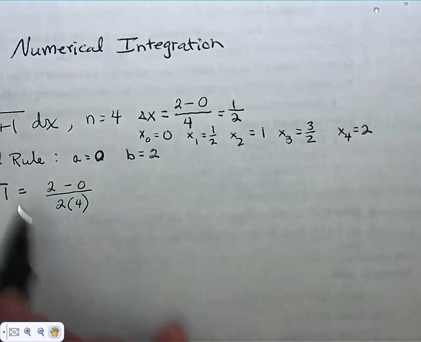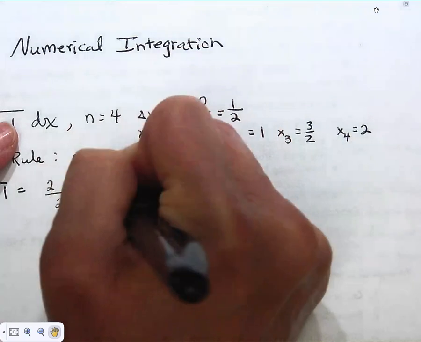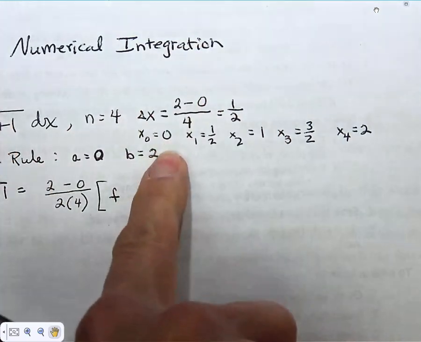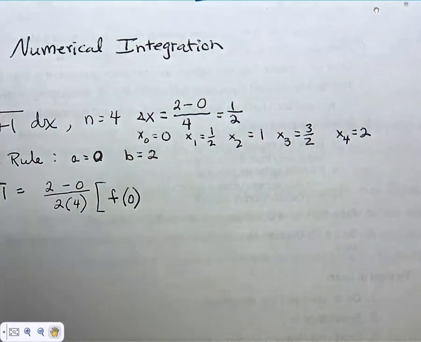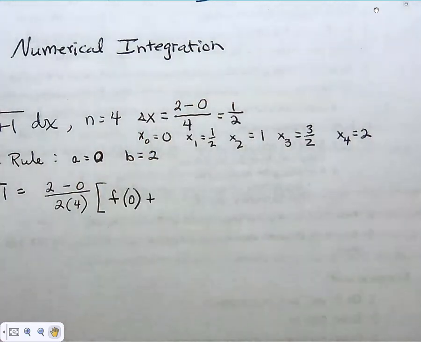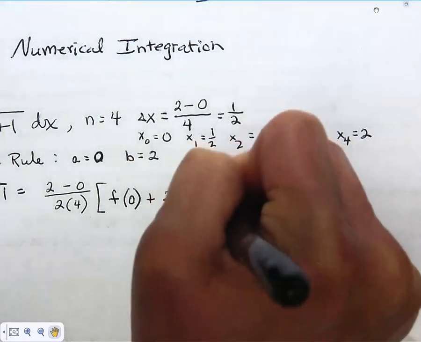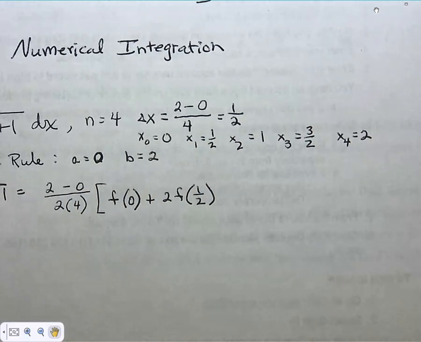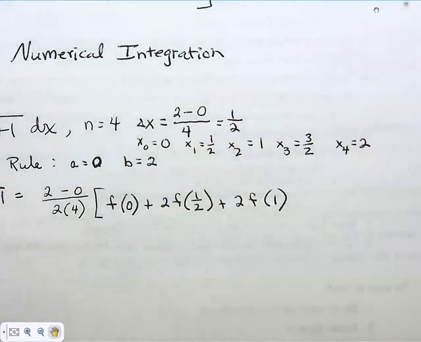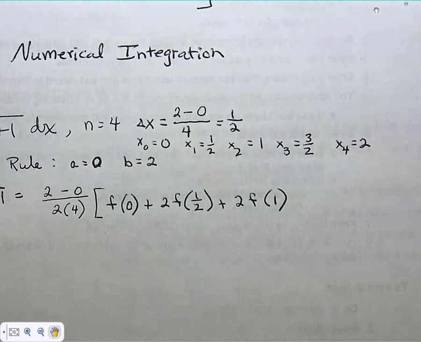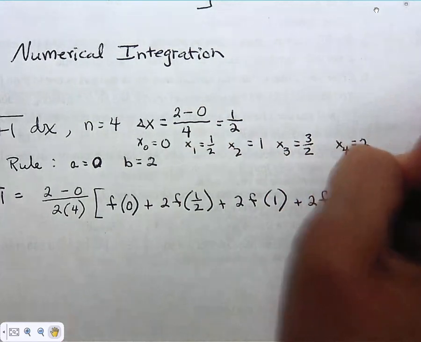So we want to multiply this b minus a over 2n times f of our first x, plus, remember all the other coefficients are 2, so 2 times f of our next x, plus 2 times f of our next x, plus 2 times f of our next x.